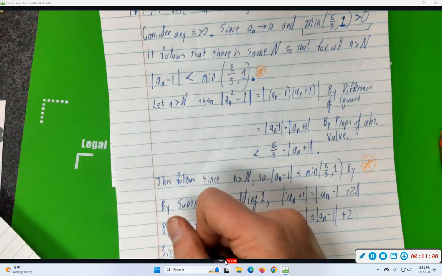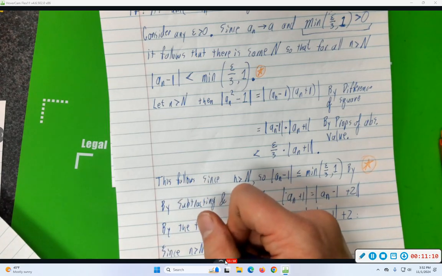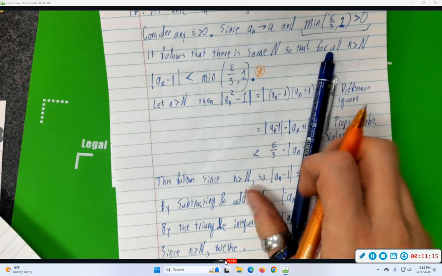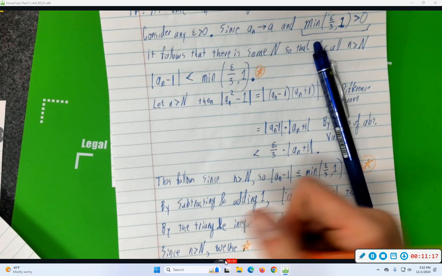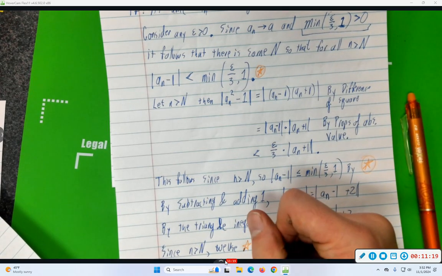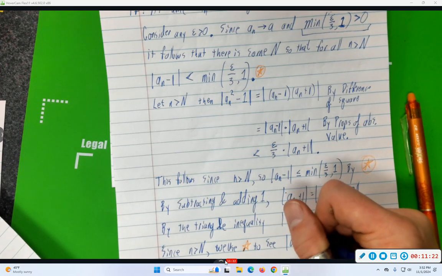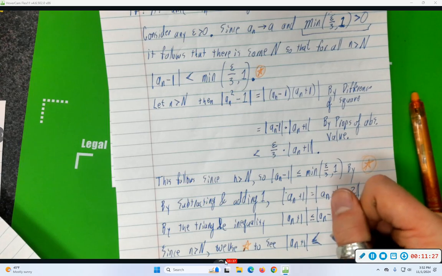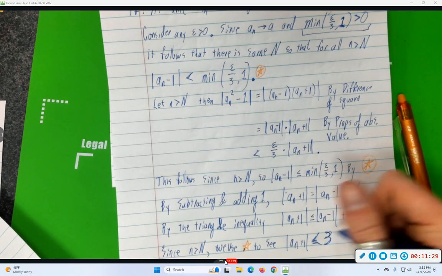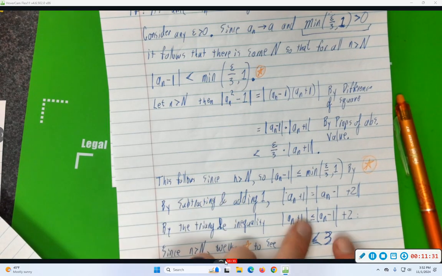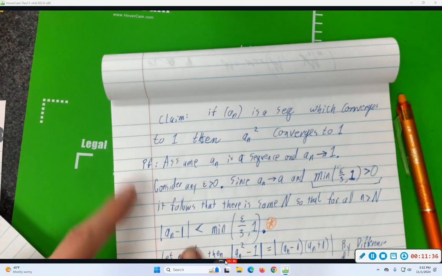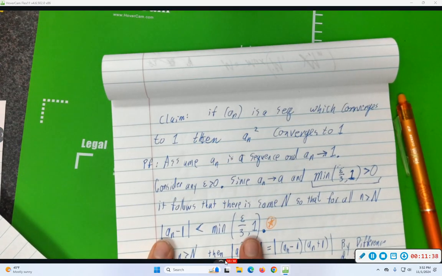Since little n is bigger than big N, we use star, which I've done in orange so far, so let's leave it, to see the absolute value of a_n plus 1 is strictly less than 3. a_n plus 1 is less than or equal to a_n minus 1 plus 2. Little n is bigger than big N, so we get this conclusion: a_n minus 1 in absolute value is less than 1.